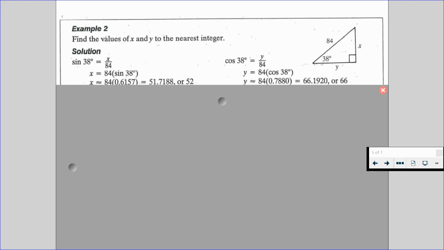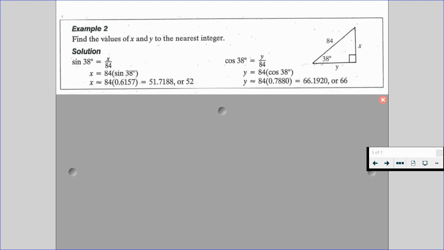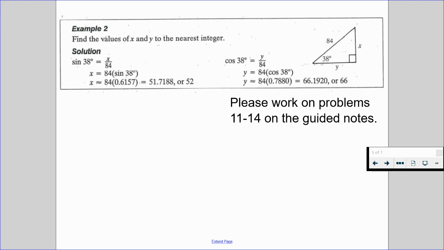We multiply both sides by 84. As we simplify it down, we're going to end up that x is approximately 84 times 0.6157, or just 52. Y is going to approximately be 84 times 0.7880, which is equal to, again, approximately 66. And with this in mind, please work on problems 11 through 14 on the guided notes and resume when you're ready to move forward.